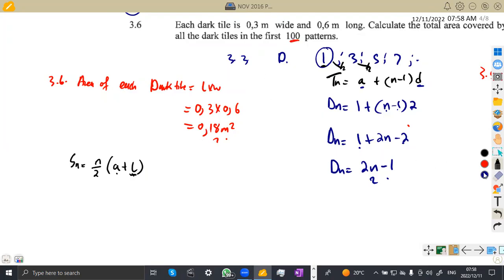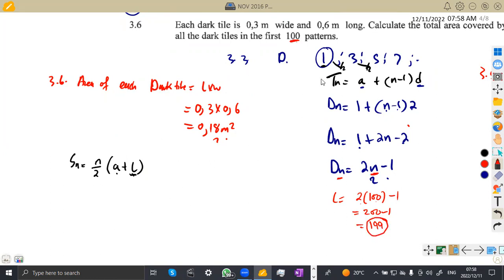Remember, we can calculate the nth term from this formula of 2n minus 1. So the last term, that's at 100, is given by 2 times 100 minus 1, which is 200 minus 1, which is 199. So the last term is 199.